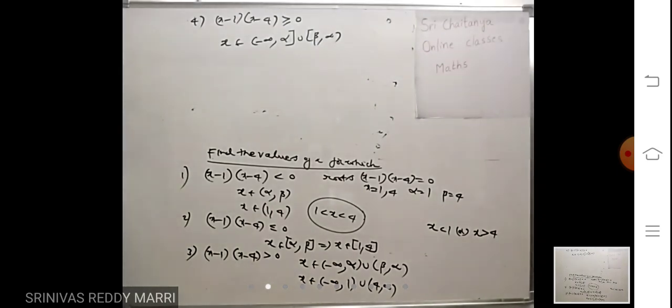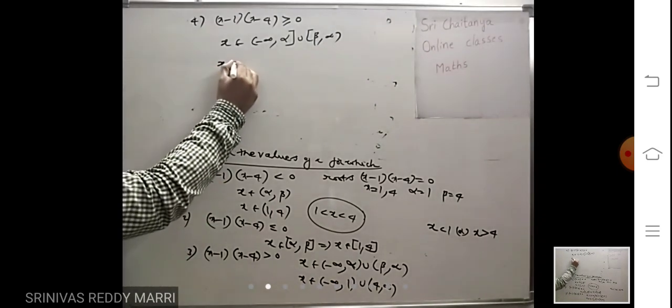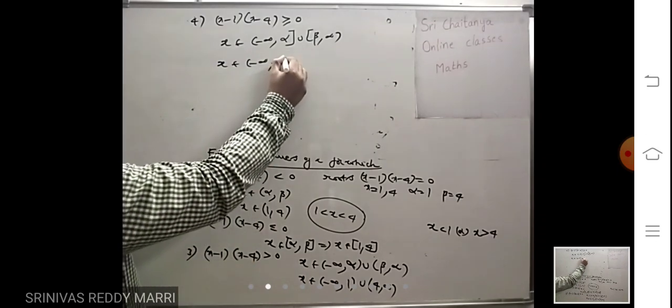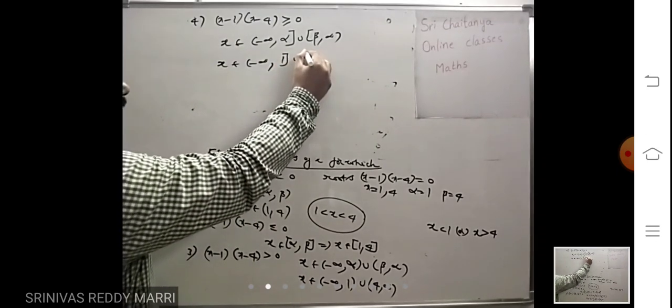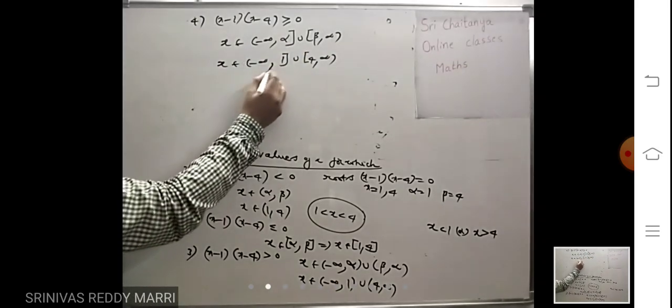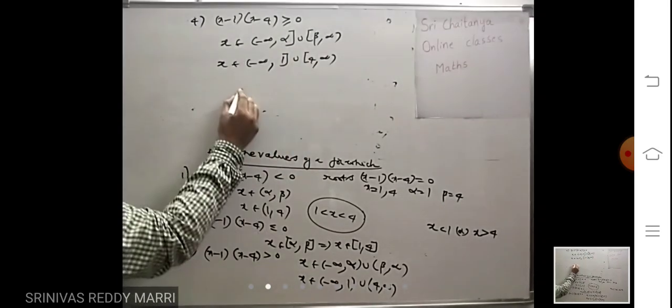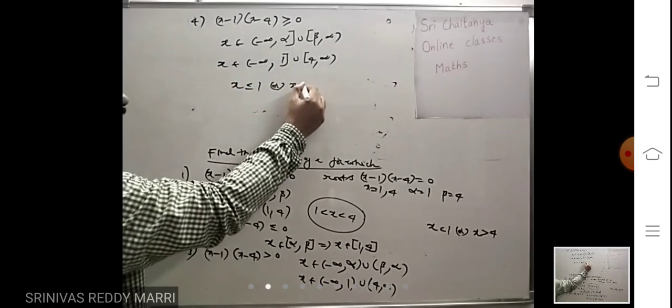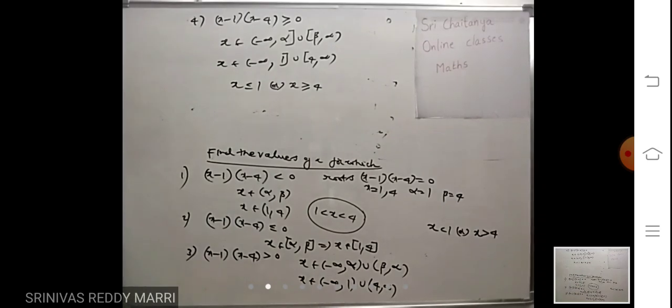Like that. Closed bracket. That means what you will get here, minus infinity, comma, alpha is what? 1. Union 4, comma infinity. This means that these values as well as those values, x less than or equal to 1 or x greater than or equal to 4.